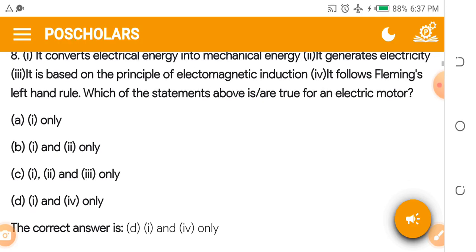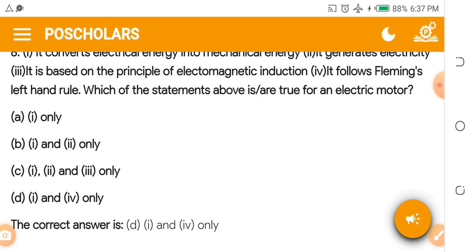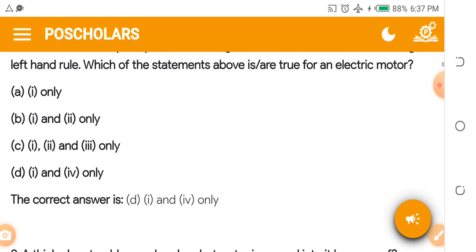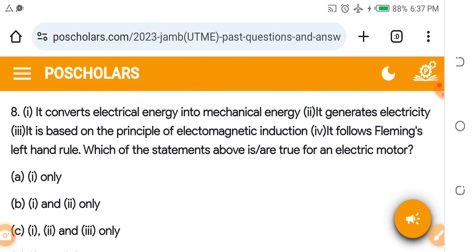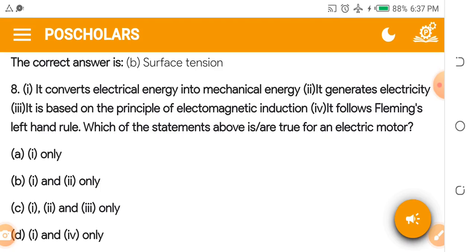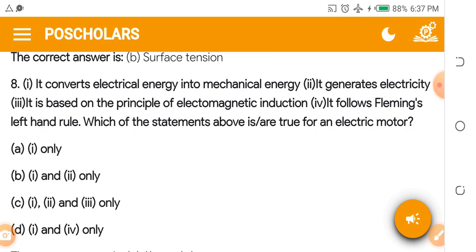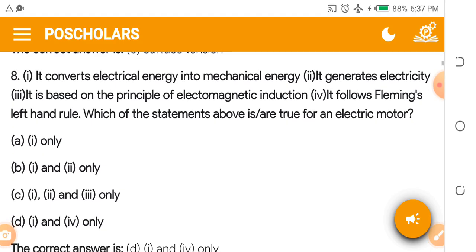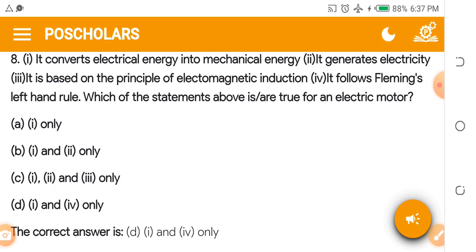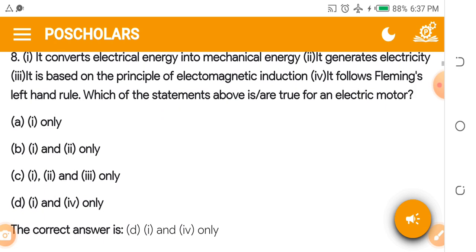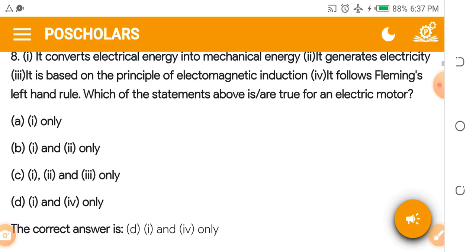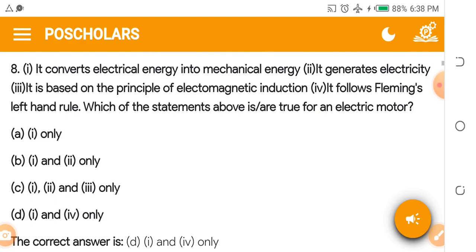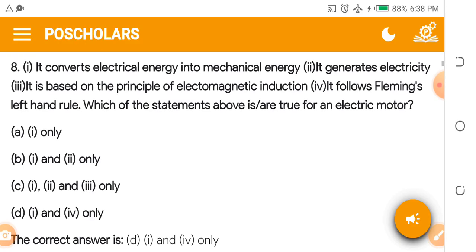Which of the statements above are true for an electric motor?